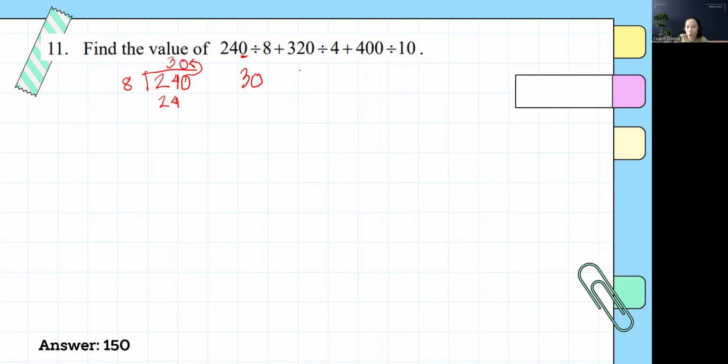320 divided by 4, set aside the 0, it will become 32 divided by 4. So 32 divided by 4, how can you get that? You just have to find a number that when you multiply it with 4, you'd get 32, right?